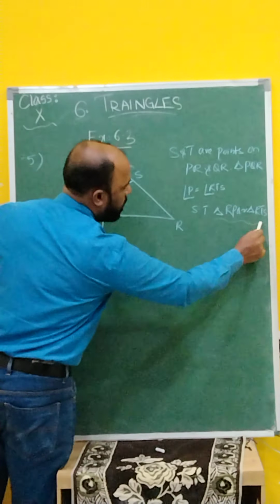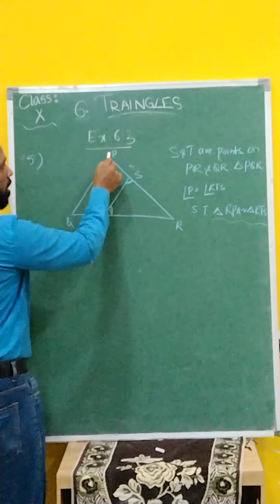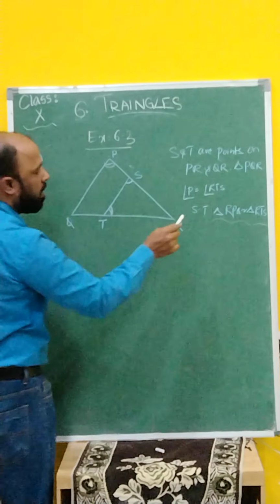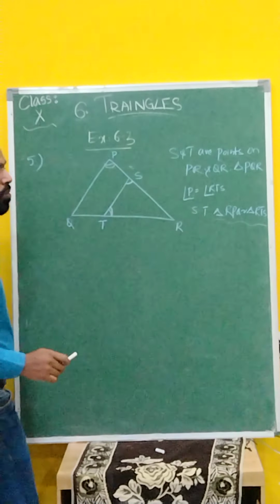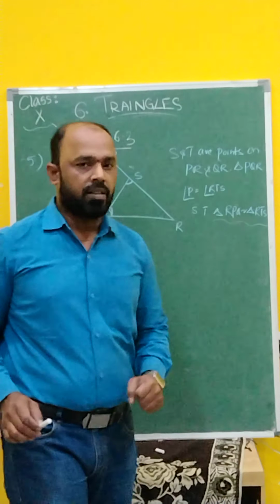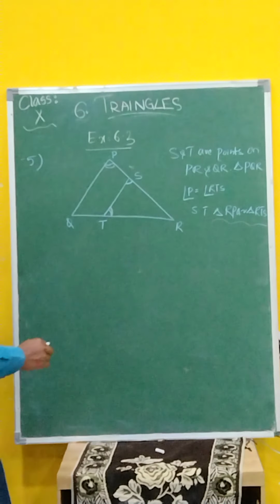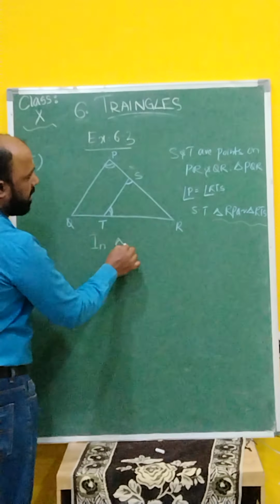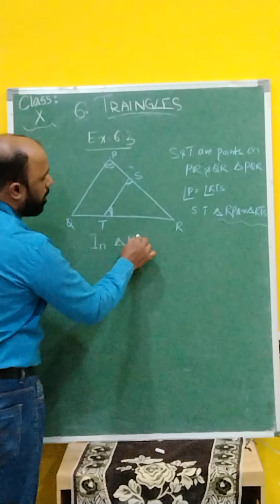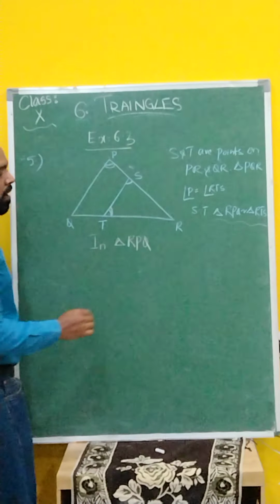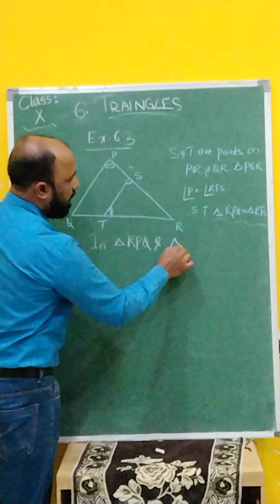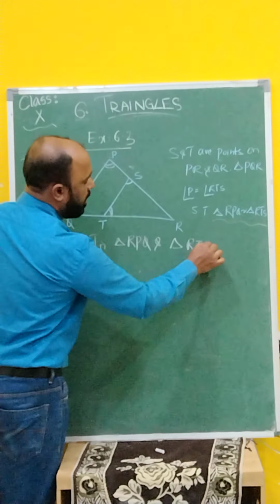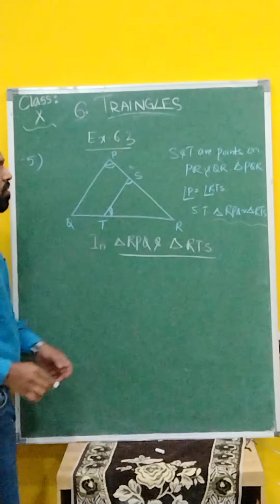Triangle RPQ and RTS, we have to prove both are similar. Clear? We'll go for that one. We'll select what is given in triangle RPQ and triangle RTS. What is the question?